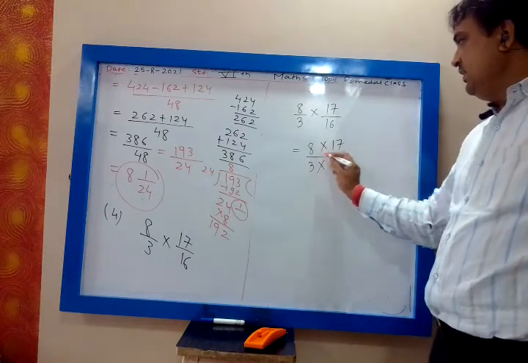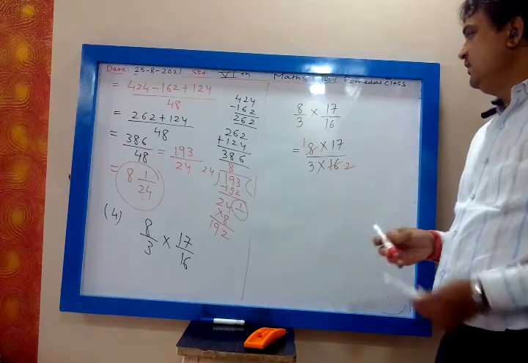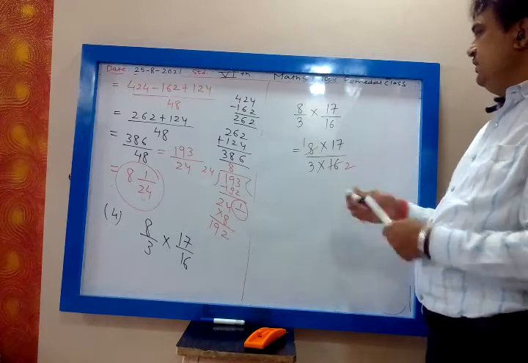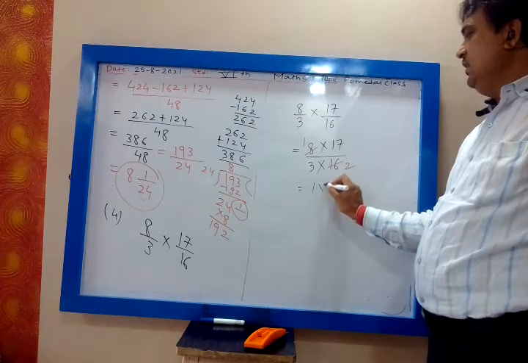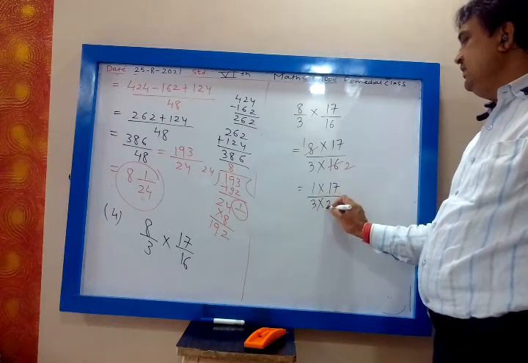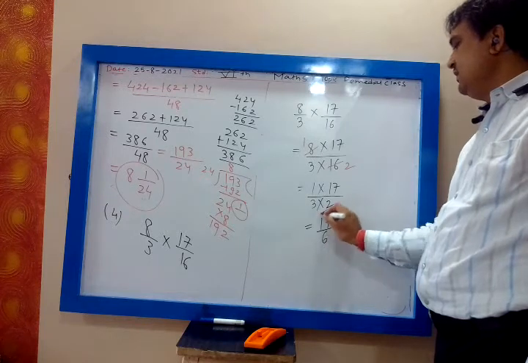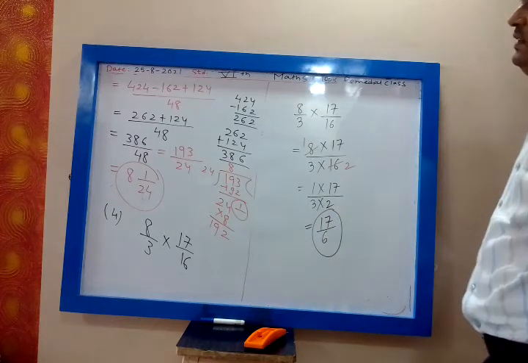You can cancel 8 and 16: 8 ones are 8, 8 twos are 16. So the answer is 1 into 17 upon 3 into 2. 1 into 17 is 17, 3 into 2 is 6. Answer is 17 by 6.